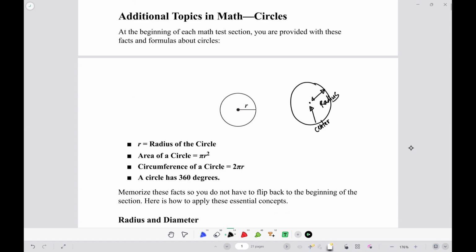So for a circle, we have a radius, and we also have a different parameter, which is called diameter.